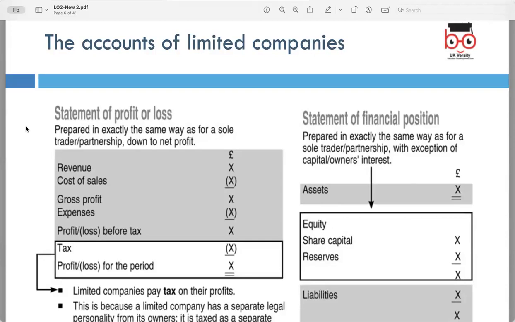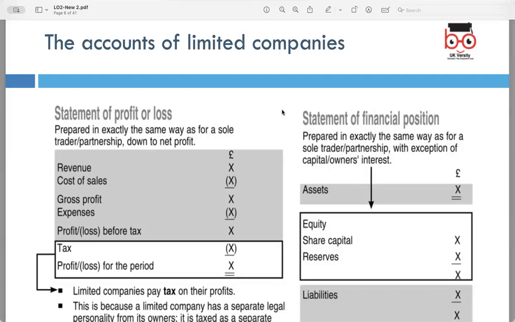These elements include the statement of financial position and the statement of profit or loss.